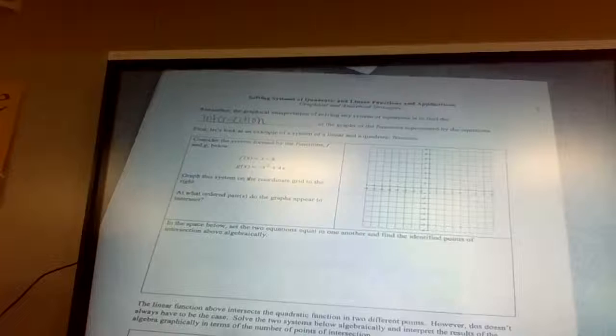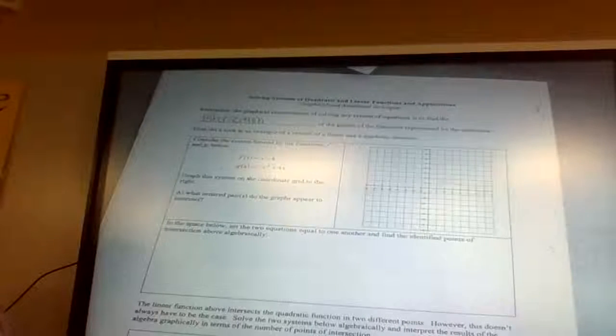And so we're going to look at a linear function and a quadratic. What's the problem with trying to solve everything by graphing? When you have a decimal, you can't graph it. Sometimes you don't have a graph. It's not always accurate.